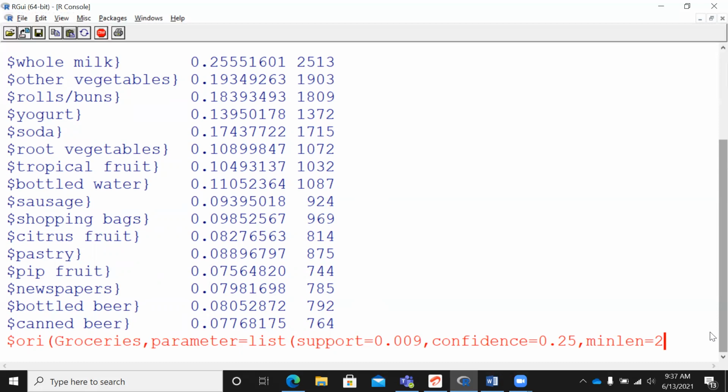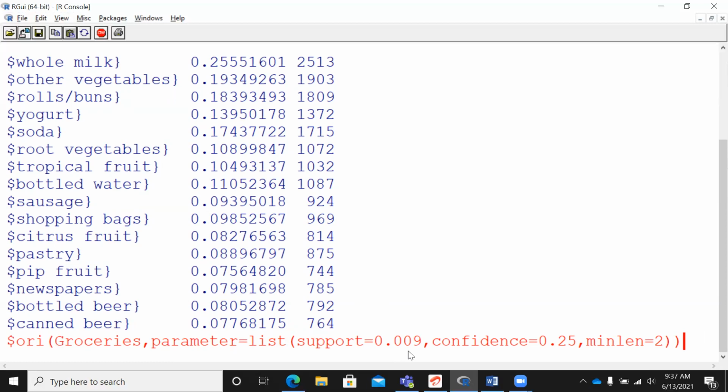I want to find out association of a minimum of 2 products, which means there can be more than 2 products as well. There could be 3, 4, 5, 6, 7, so on and so forth. So it's a very, very simple function, as you can see here. There's a simple command that you can give, that is Apriori. You have to feed the data set, and the parameter values is what you will be declaring.